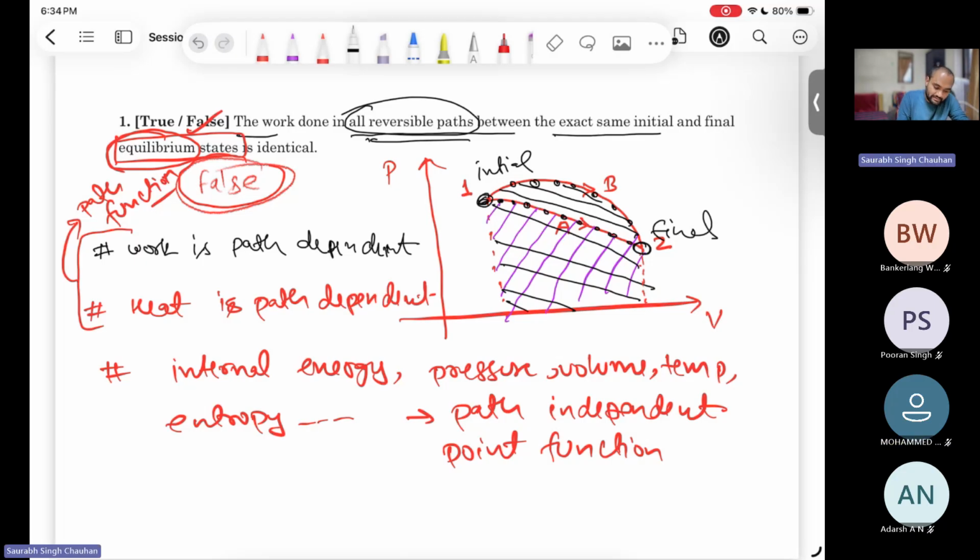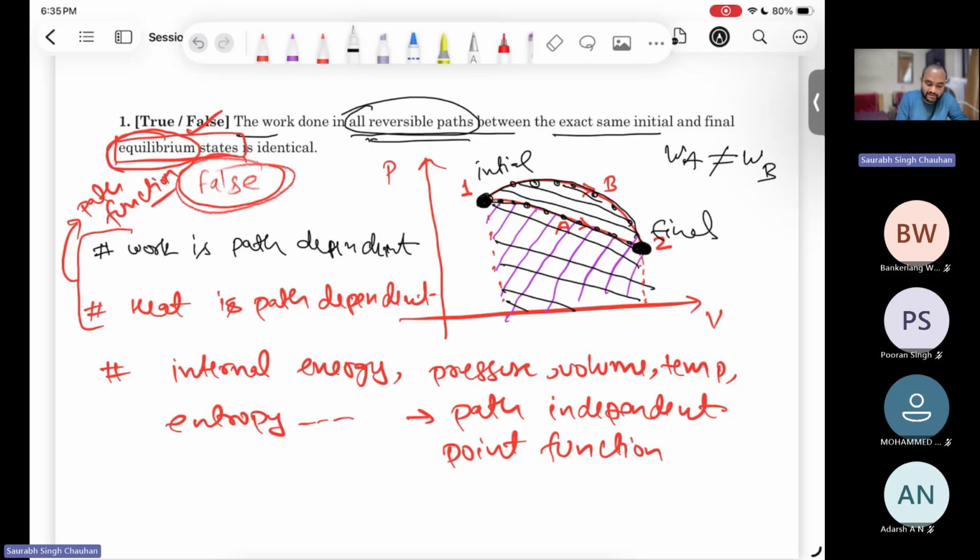The work done when we go from point 1 to point 2 can be anything. If you go through path A, work will be, let us say, WA. If you go through path B, the work can be WB, and they may not be equal.